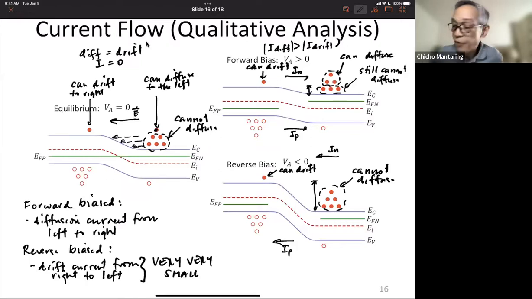And the reason why that's very, very small is because the carriers are due to intrinsic carriers. The only carriers that will contribute to the conduction of electricity are the thermally generated minority carriers. So these are thermally generated electrons on the p side and thermally generated holes on the n side.